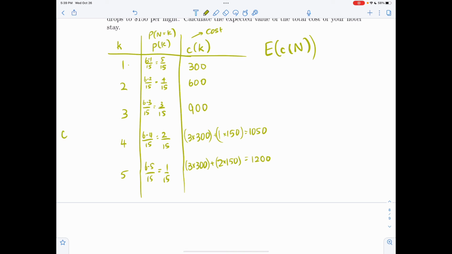It is like C of K. It is 300K if K is between 1 and 3, and it is 300 times 3 plus 150 times (K minus 3) if K is bigger than 3. So that's a fixed function.